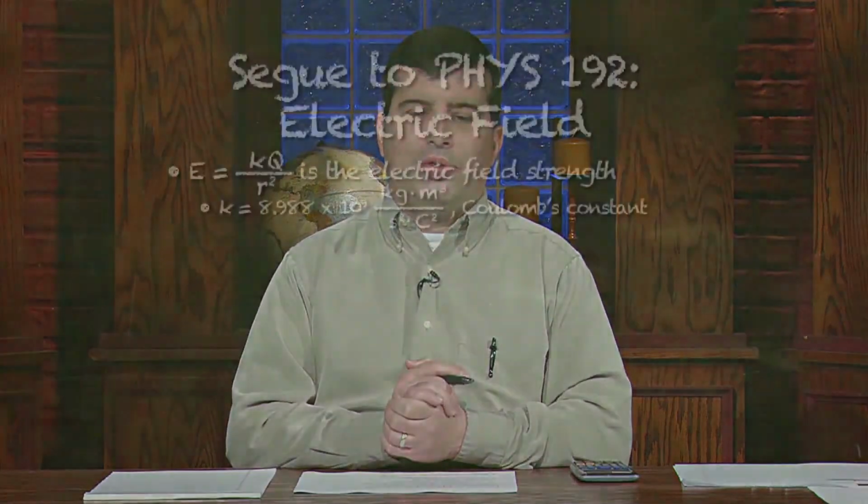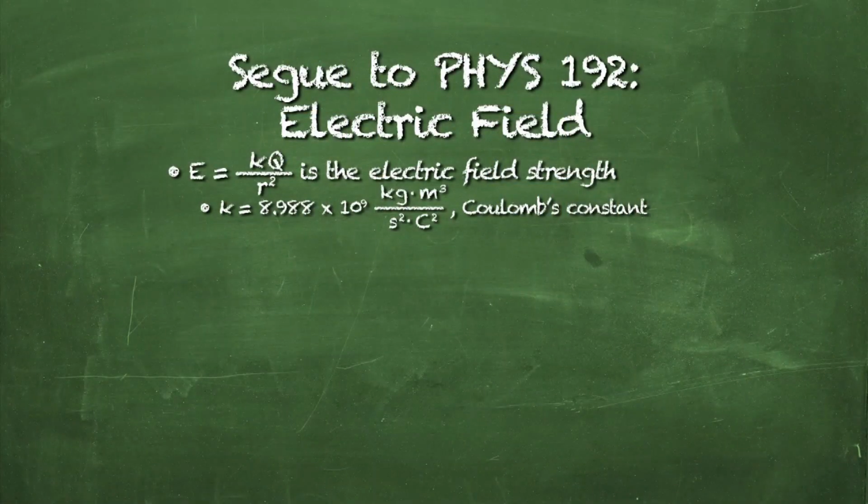So electricity is also a field force, and the electric field is equal to a constant K, which is called Coulomb's constant. This is similar to Newton's gravitational constant.